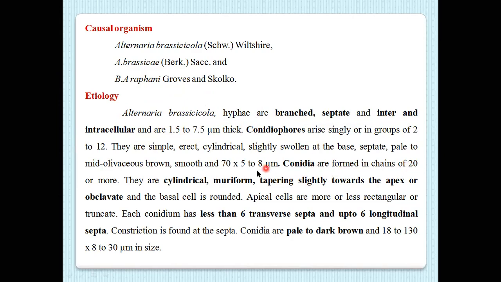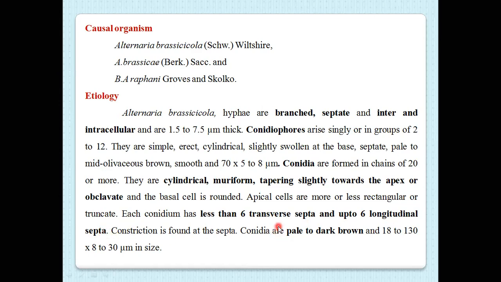The conidia are cylindrical to muriform, tapering slightly towards the apex or obclavate, and the basal cell is rounded. Near about 6 transverse septa and some longitudinal septa are seen.